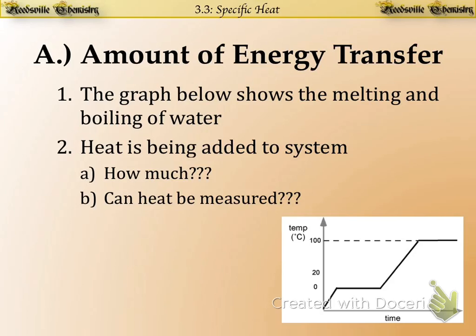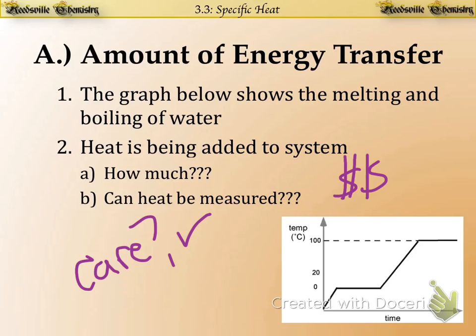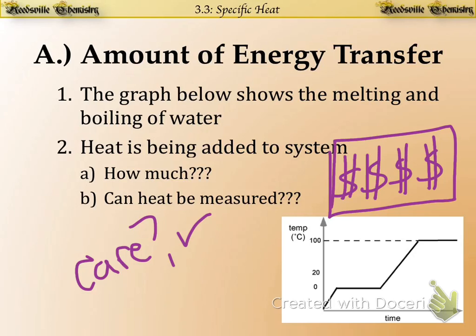Can heat actually be measured? A third question might be, why do we care? Is it important to care about this? And I would suggest that, yes, it's very important to care because energy equals money. So if you're running a lab, you're going to want to make your processes as efficient as possible, use as little energy as possible, and thus save as much money as possible.